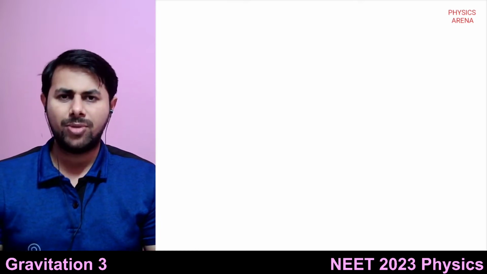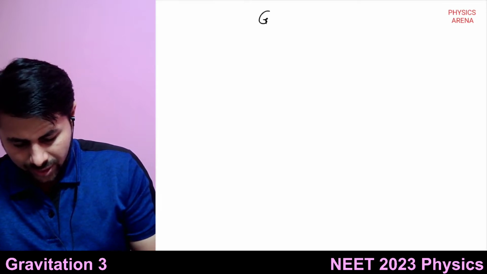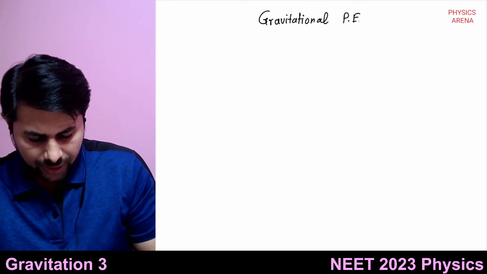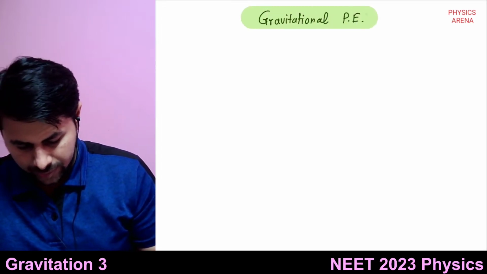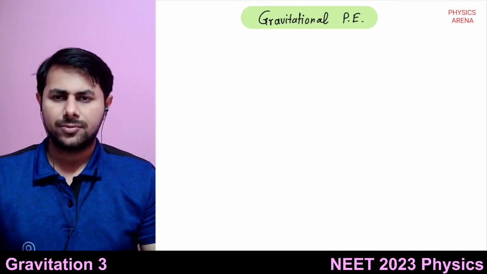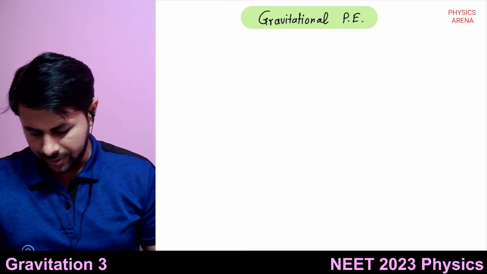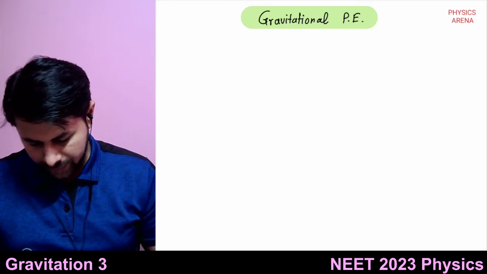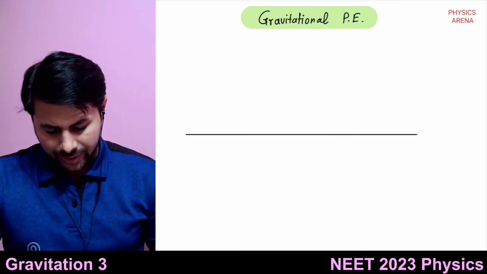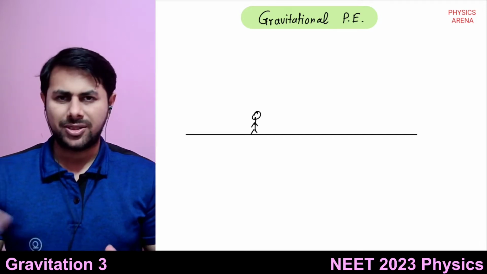Next, let us talk about the gravitational potential energy. What is the gravitational potential energy? Let's suppose this is Earth's surface, and there is some object, this person here.